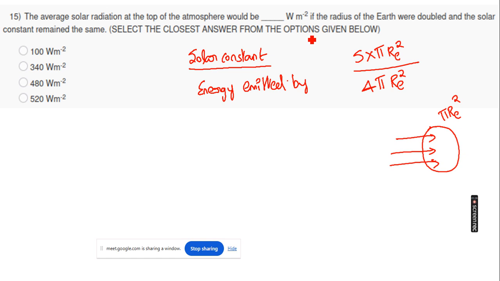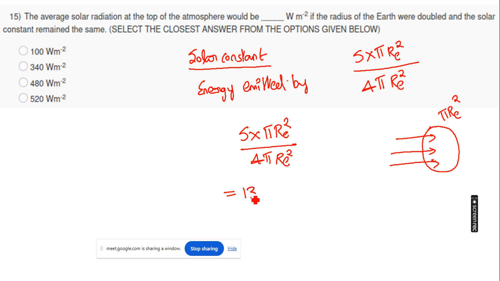Now the question is, what happens to the average solar radiation at the top of the atmosphere if the radius of the Earth were doubled and the solar constant remains the same? In the calculation, the solar constant is whatever is reaching the top of the atmosphere. It doesn't matter what the radius of the Earth is. After that, we multiply it by pi Re square and divide by 4 pi Re square to get the energy reaching per unit area at the top of the atmosphere.